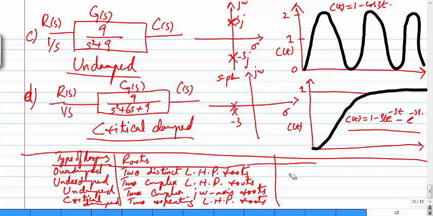So this is what we have. Now in the first response, it reaches 1 at infinity. Undamped is actually oscillating and it will cross the 1, and critical damp will reach within time, so there are no overshoots.